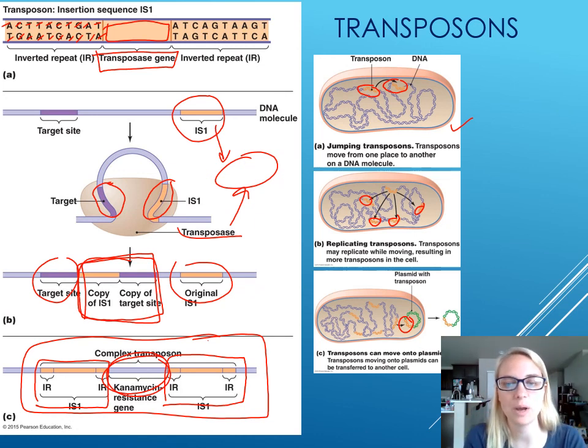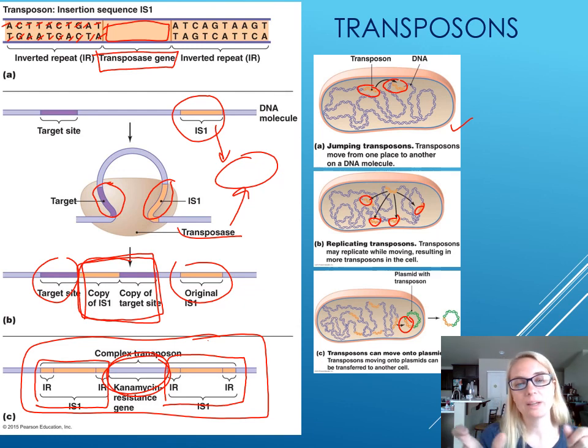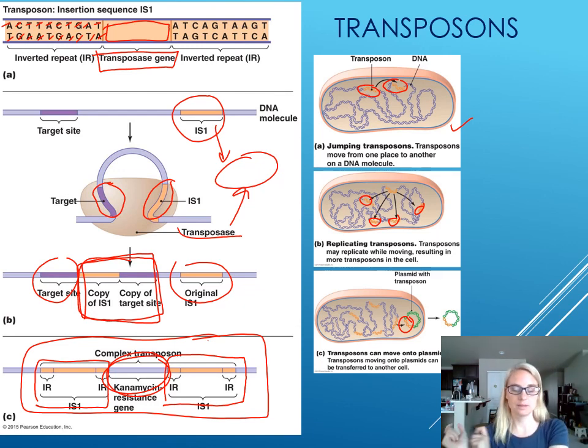Kanamycin is a type of antibiotic. So not only is this going to be copying itself, but now it will copy the kanamycin and make replicates of that on the genome, which can then spread via horizontal gene transfer. So these weirdo transposons, when they get expressed, make the transposase enzyme, which can then go and make copies of the gene that made the enzyme, a self-replicating enzyme.